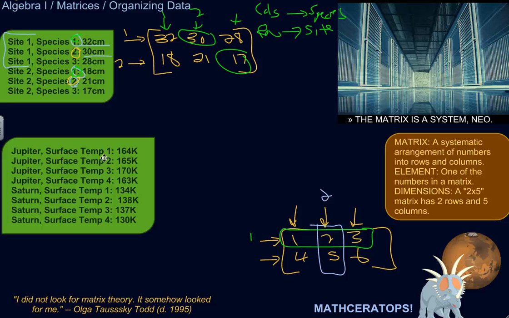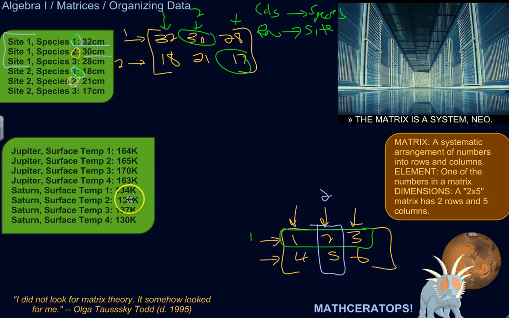I'm making this up. But the point is that these values all relate to the same thing, Jupiter. We're taking 4 different readings of the temperature of its surface, and all 4 readings have to do with Jupiter.